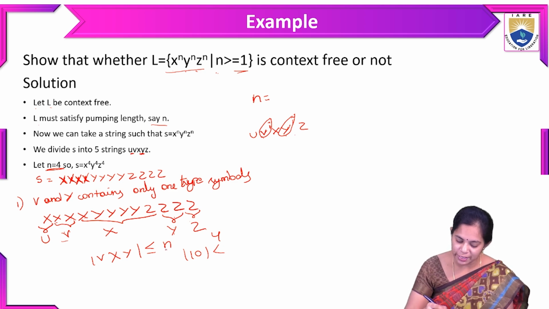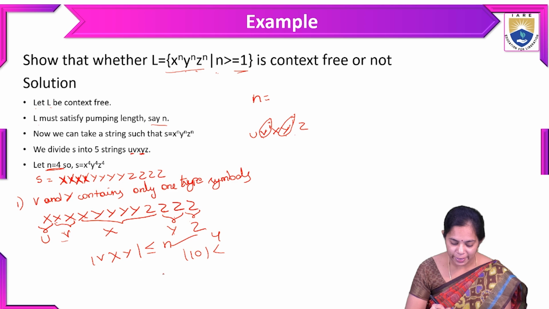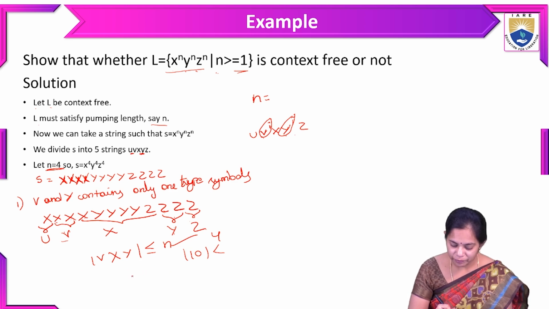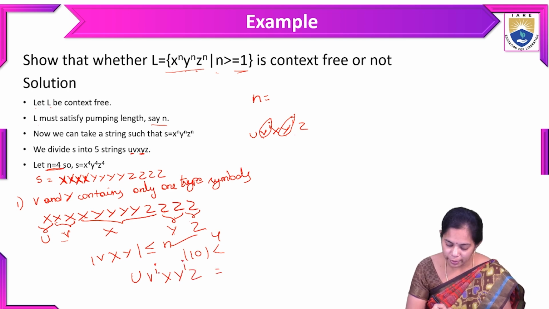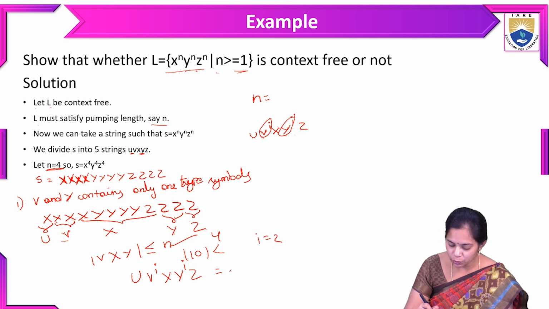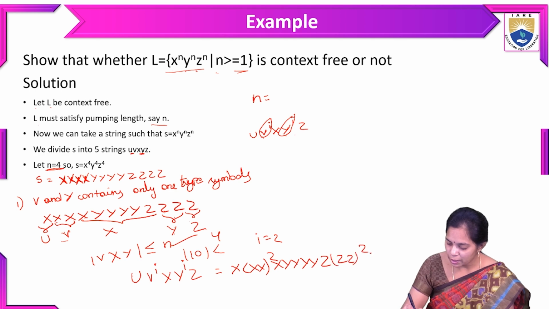So here the first condition is satisfied, and the second condition is we have to check u v^i x y^i z. Let me take i equal to 2. In that case, u is x, v becomes x squared, then x, y, and z squared and z.